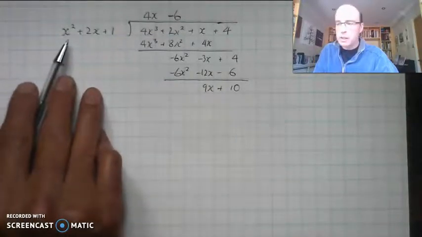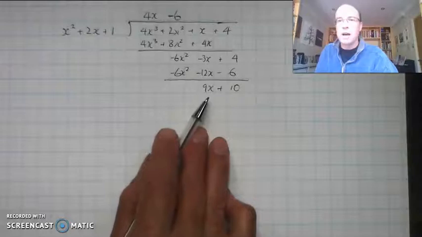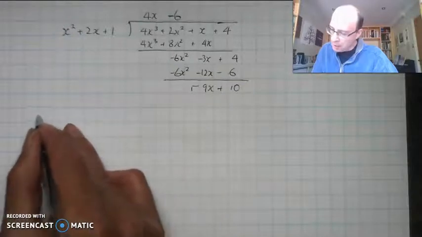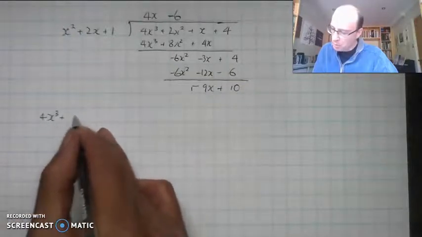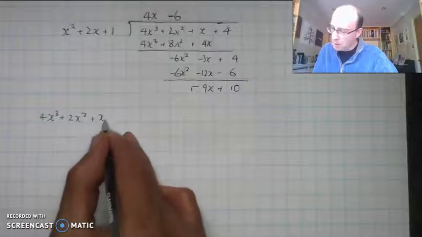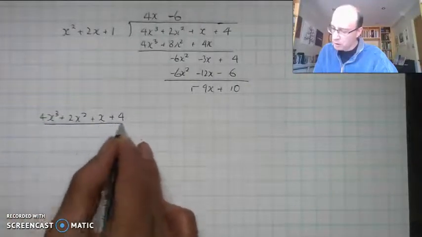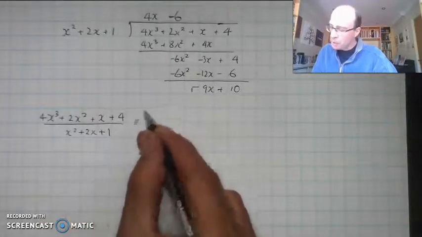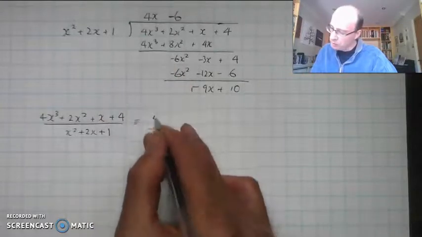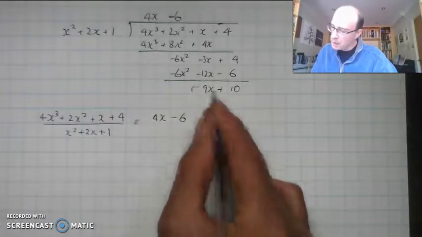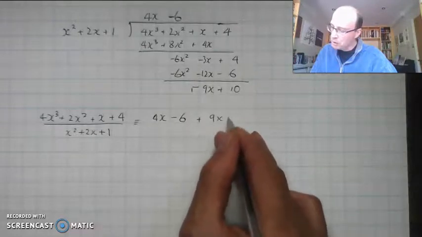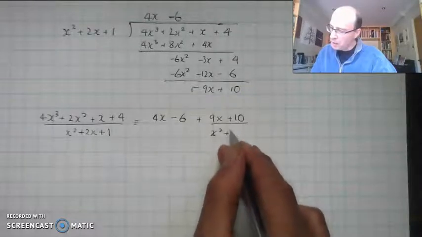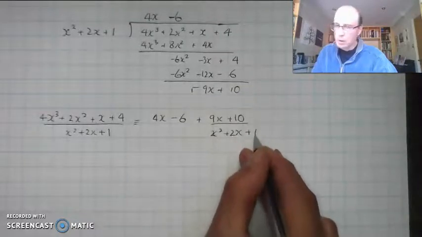In this case, I've got a linear term that I can't divide by a quadratic, so that's going to be my remainder. So what did we have? We had 4x cubed plus 2x squared plus x plus 4 divided by x squared plus 2x plus 1, and it's equivalent to 4x take away 6 plus my remainder, which is 9x plus 10 over x squared plus 2x plus 1.